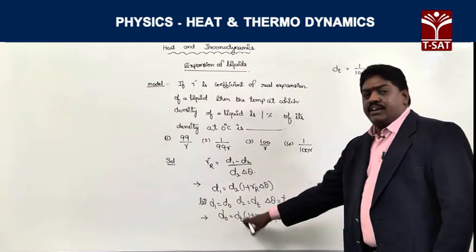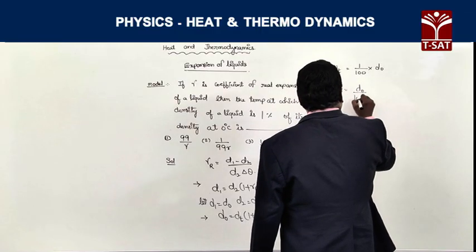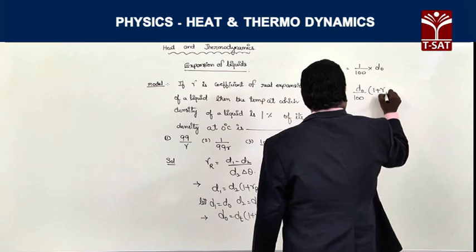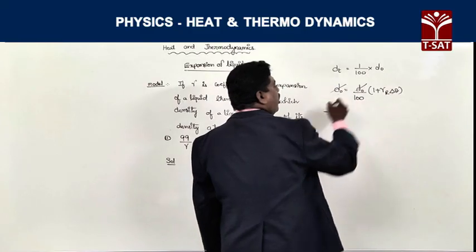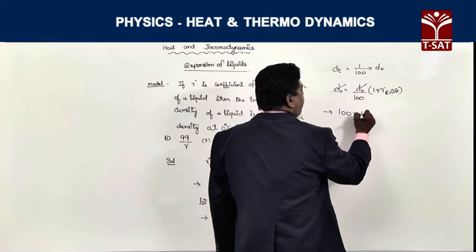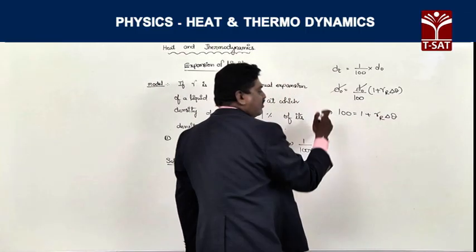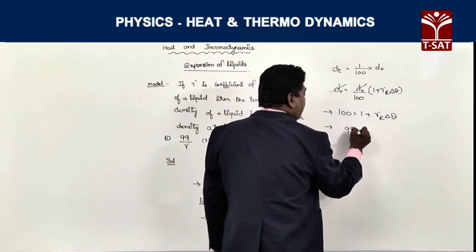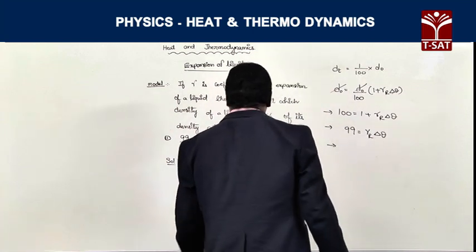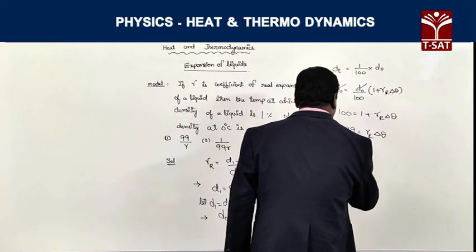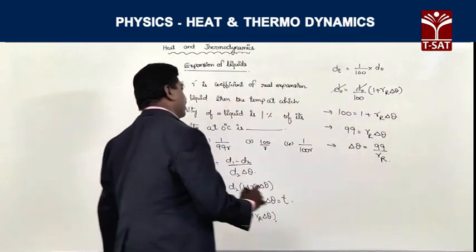Substituting this value, we have d0 equals d0 by 100 into 1 plus gamma r delta theta. I can cancel d0 on both sides, so I have 100 equals 1 plus gamma r delta theta. Bring 1 this side, we have 100 minus 1 as 99, so 99 equals gamma r delta theta. Here he is asking about the temperature, therefore delta theta is 99 by gamma r, which is our first option.